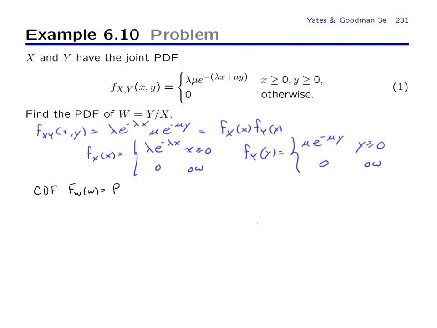And this is the probability that Y over X is less than or equal to w. And now we can rewrite this as the probability Y is less than or equal to wX by multiplying both sides by X. And here's where we really exploited the fact that the X has to be non-negative.